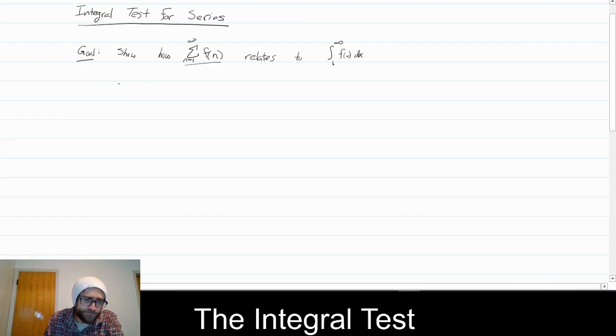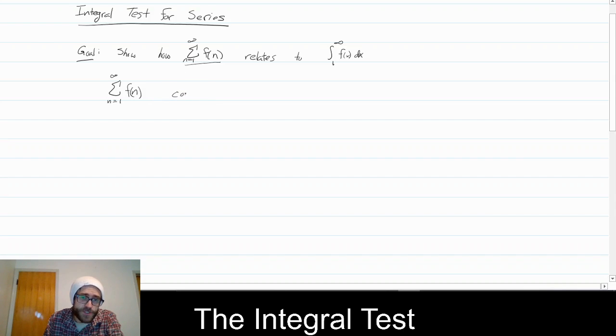So the rule here is that if we have a series of f(n), we'll say n equals 1 to infinity, but it could actually be any number that we start with.